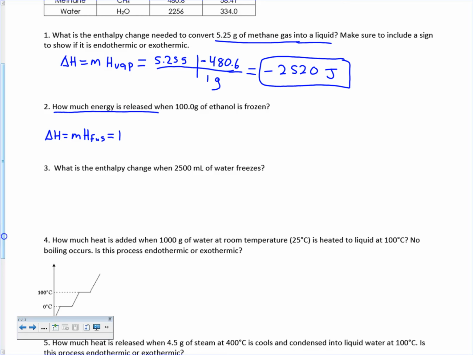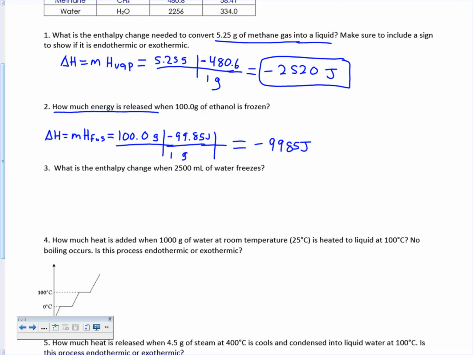So 100.0, that's 4 sig figs, grams. For every 1 gram, we have 99.85 joules released. Multiply those together, we get negative 9,985 joules. Now this question said how many joules are released.